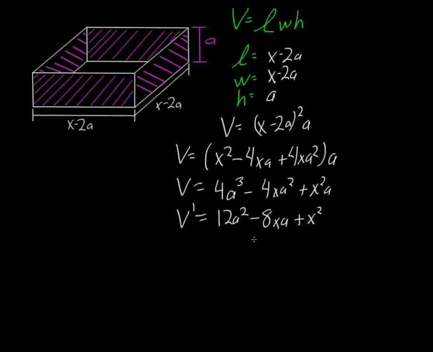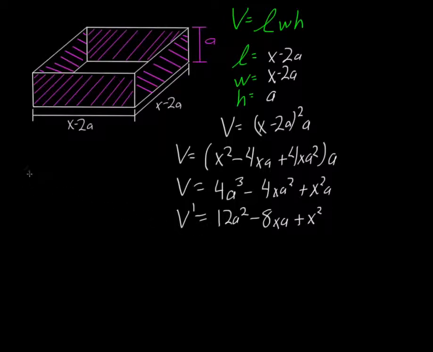Alright, now this is a quadratic form. Our variable of interest here is a. You notice that I differentiated with respect to a because a is what we're actually changing. We can assume our x is going to be constant. So, if you remember the quadratic formula, because we can't factor this equation very easily in our heads, we're going to have to use an alternate method to solve it.